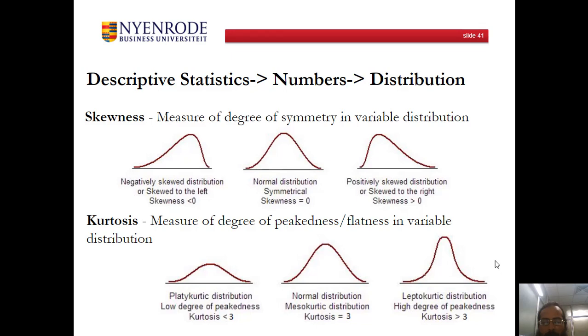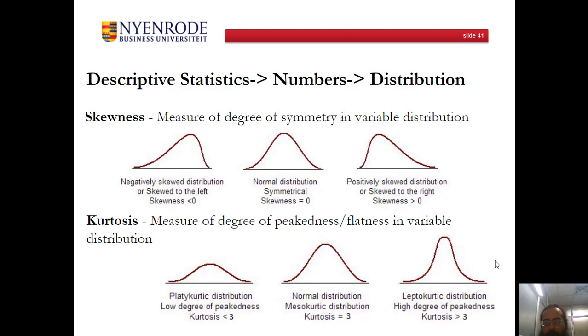Kurtosis is about flatness: the term used to describe a flat distribution is platykurtic, with a kurtosis value less than 3. That means the peakedness is less. Kurtosis is basically a measure of peakedness. So if you see a higher value, that means the peak is high. If you see a lower value, the peak is low.